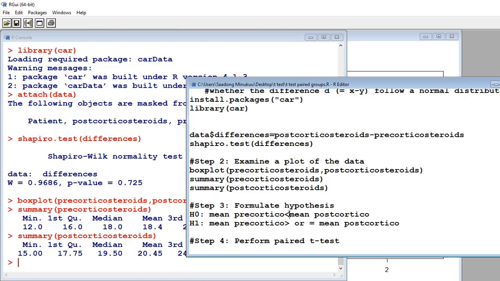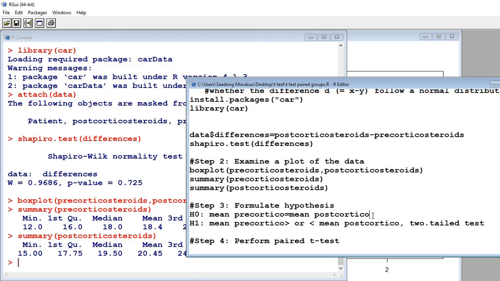If I had said that this one is less than or equal to, then this one would have been greater than, which means it will be a right-tailed test, a unilateral test. So it depends on how you formulate your hypothesis. But for the meantime, let's say this is equal to, so this one will be either greater than or less than, and it's actually a two-tailed test.